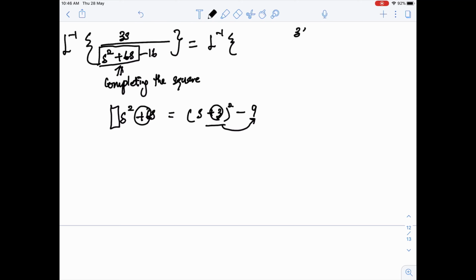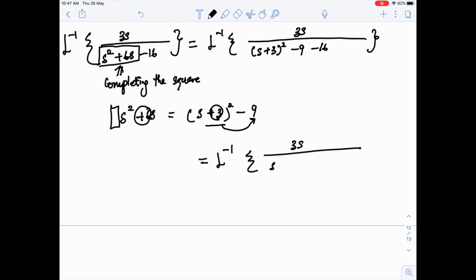So you have 3s over here, and then you have (s plus 3) squared minus 9 minus 16 over here. So now you already have quite a general equation, which is 3s over (s plus 3) squared, and then for this one it is actually minus 25.